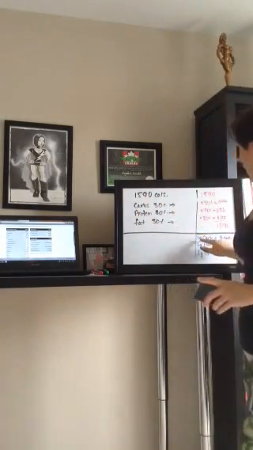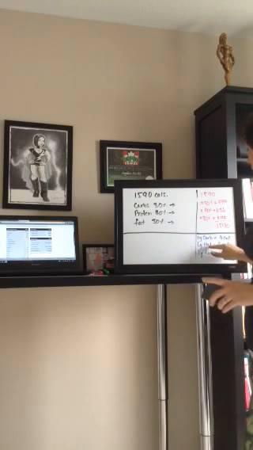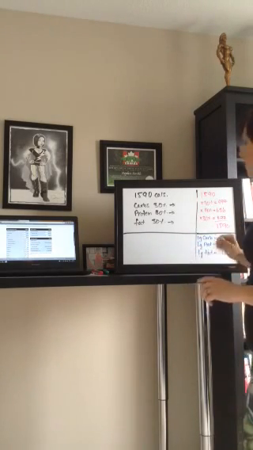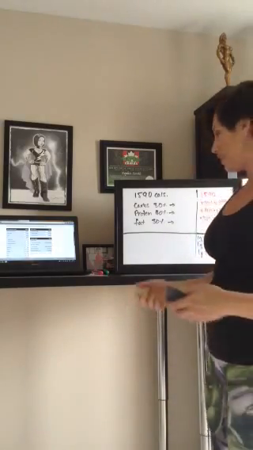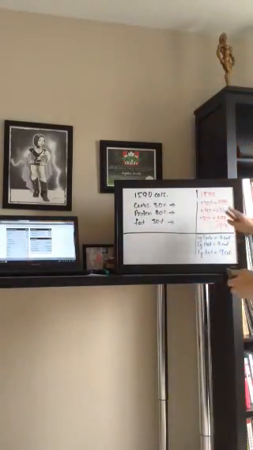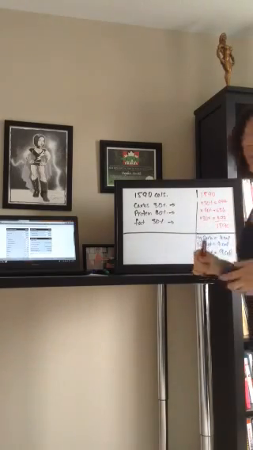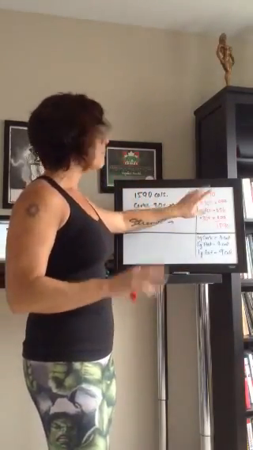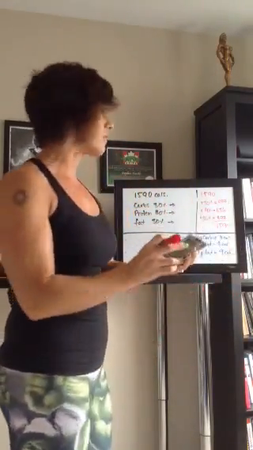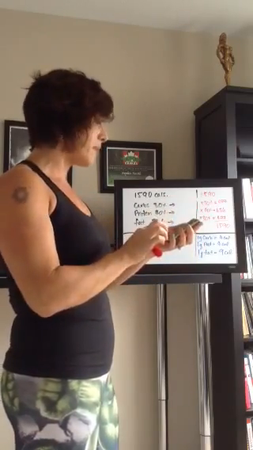What we know is that 1 gram of carbs and 1 gram of protein are equal to 4 calories each. We know that 1 gram of fat is equal to 9 calories. So now we are going to determine how many grams you're going to eat. I'm going to do them separately just to show you, because I'm not a mathematical genius either, trust me, unless it has to do with macros.